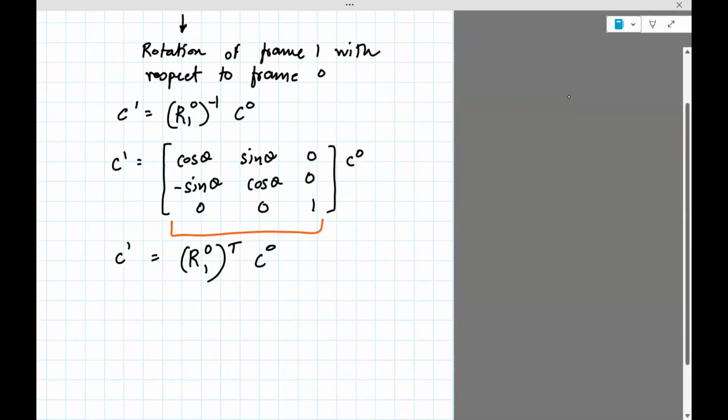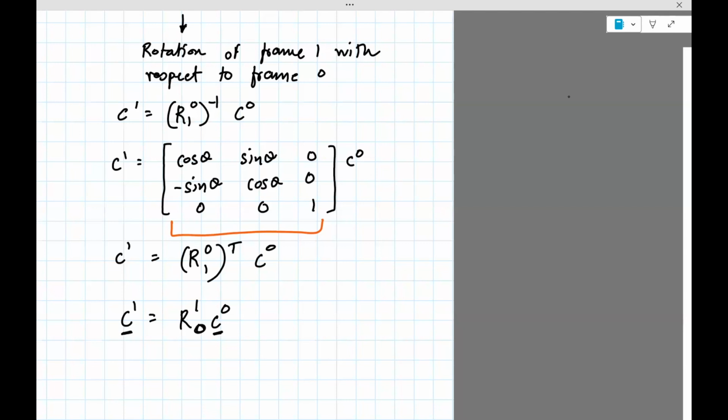So this is the best part about a rotation matrix: if you want to change frames, all you need to do is take the transpose. In our terminology, where we write C1 in terms of C0, we write it as R01. Note that this is the opposite of what we had earlier. It's just a notation which says that if you want to go from world frame to the body frame, you just swap this.